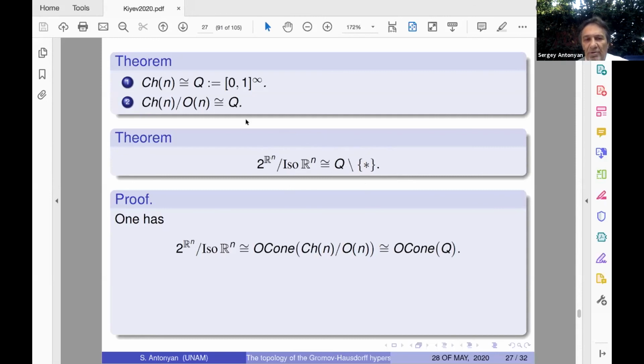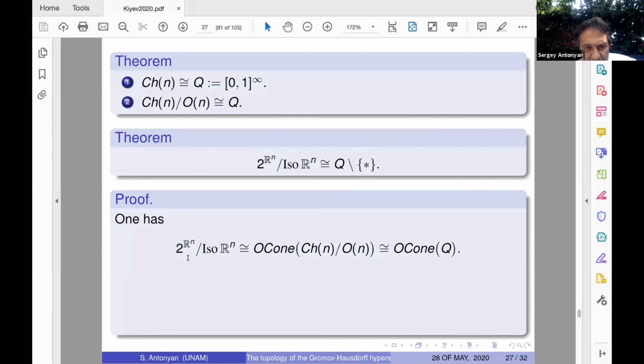As is well known, the Hilbert cube is a homogeneous space. It means it doesn't matter which point we remove, the remaining space is topologically the same. So this is probably our main result, which claims that the Gromov-Hausdorff hyperspace of R^n is homeomorphic to the punctured Hilbert cube.